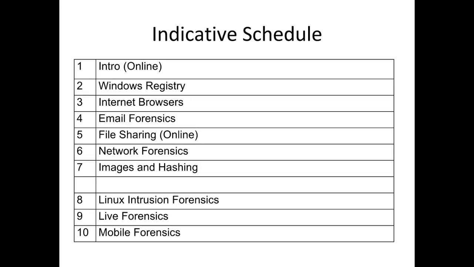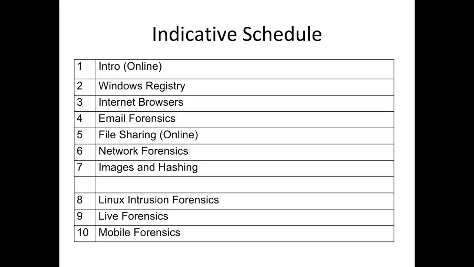There'll be something online for you to look at, which is based around file sharing. Then we'll have a look at some activities associated with forensic analysis of network traffic. And then we'll look at some images and some techniques that are used in order to identify images that are being shared. So those are the sessions that I will be covering.